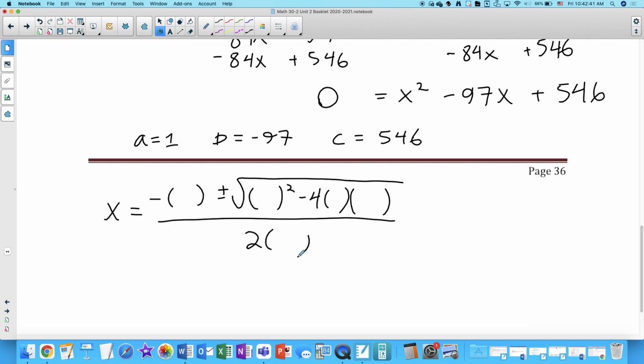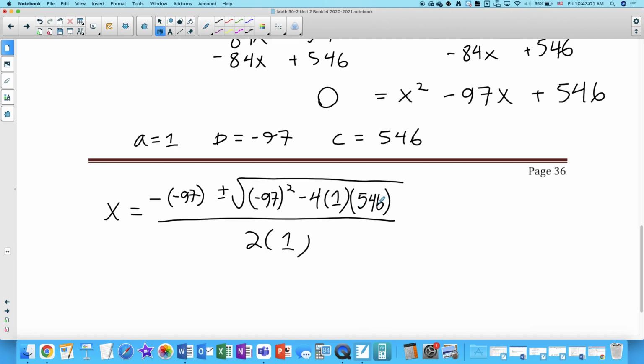Okay? And I like to use these brackets so I don't make sign errors. So I know my b has to go here, negative 97, and here, negative 97 squared. My a value is 1. That goes here and here. And my c value goes here, so 546.